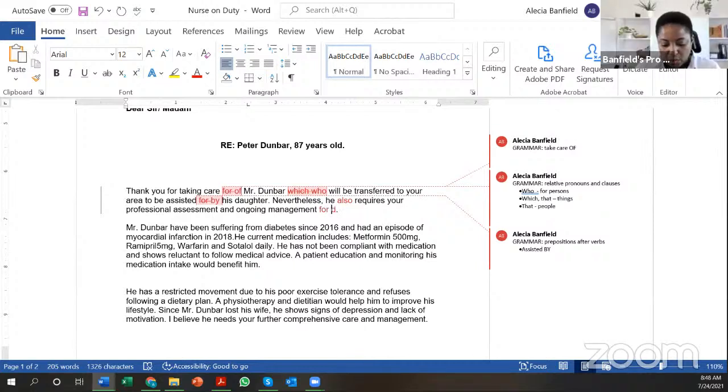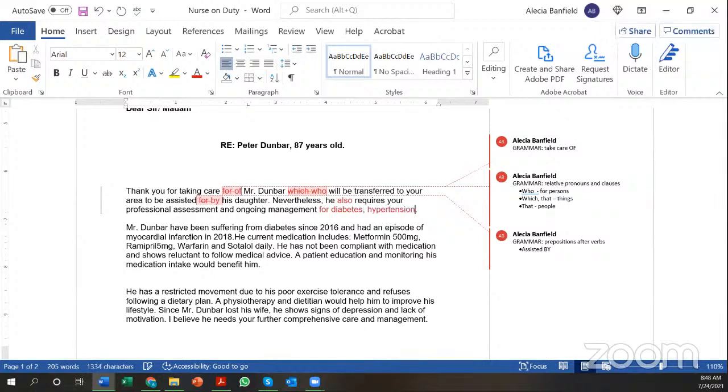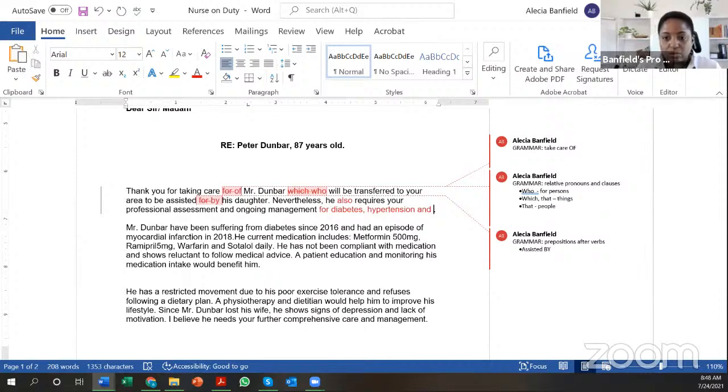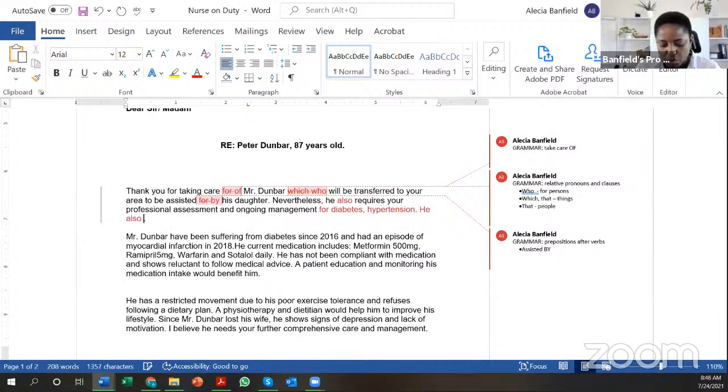He's diabetic, for diabetes, hypertension, and management requires your professional assessment and ongoing management for diabetes and hypertension. He also has recurrent issues with non-compliance.